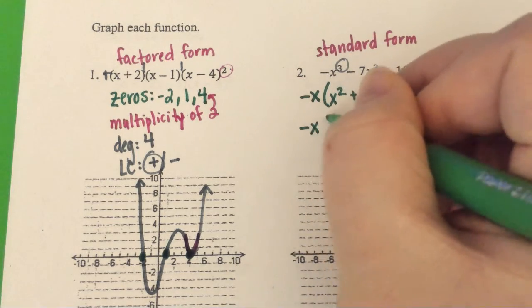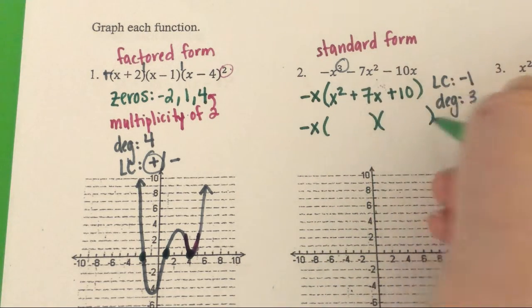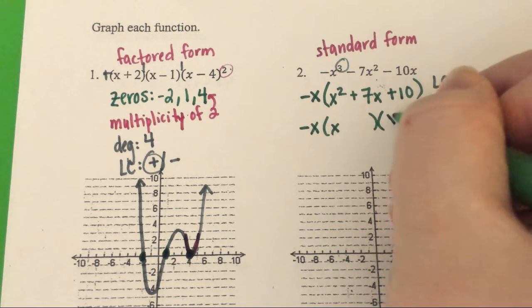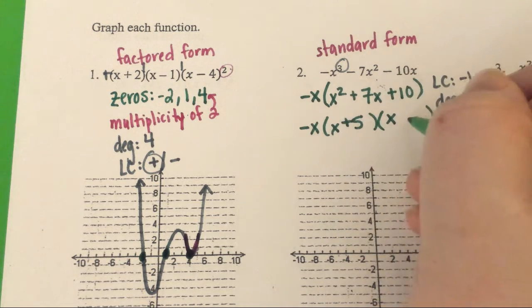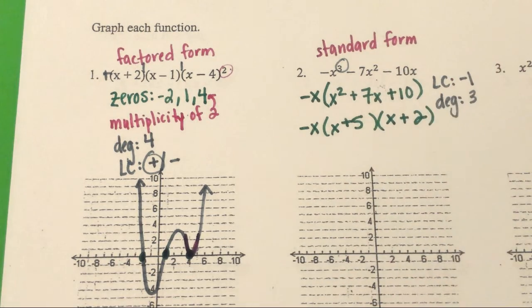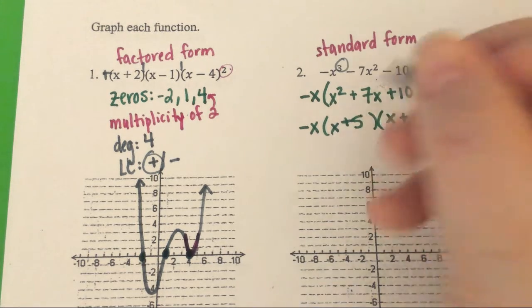Can I break down x squared plus 7x plus 10 into 2 binomials? x plus 5 and x plus 2 gets another point. 5 plus 2 is 7. 5 times 2 is 10. Yay. And we did all this because now we can actually physically list those zeros.